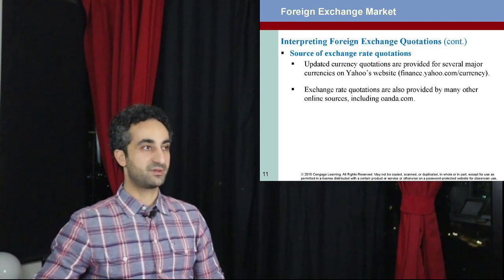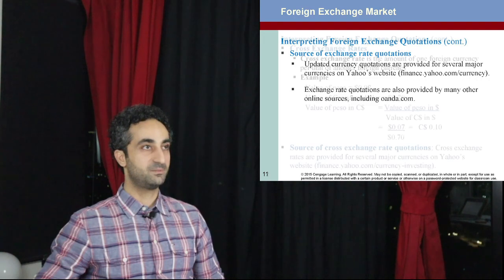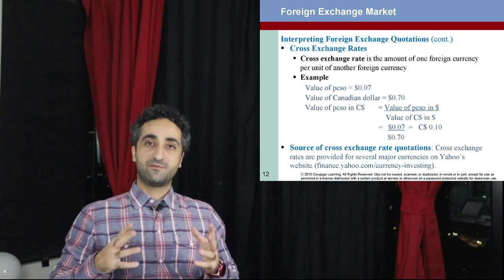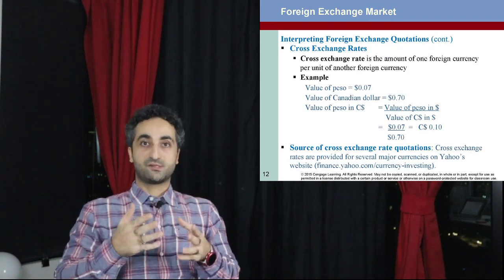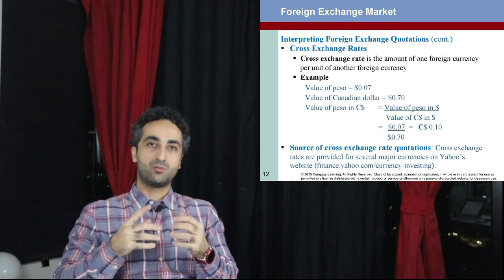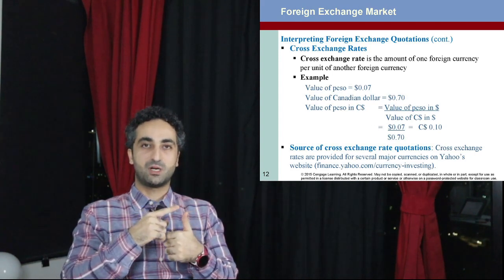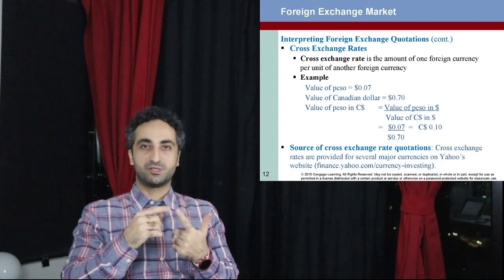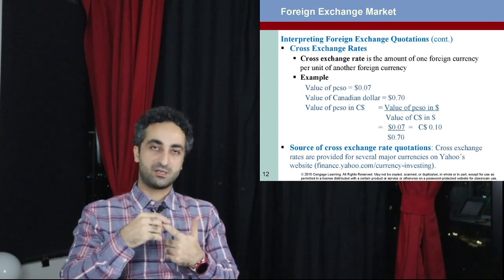Let's continue with a numerical example. Now, in the previous class, we discussed cross rate as well. We said, let's say, we know how much it is to buy USD in euros. We also know how much it is to buy USD in ringgit.